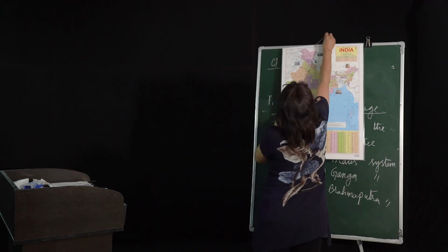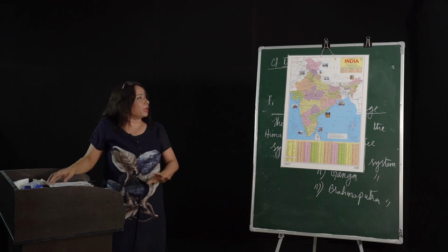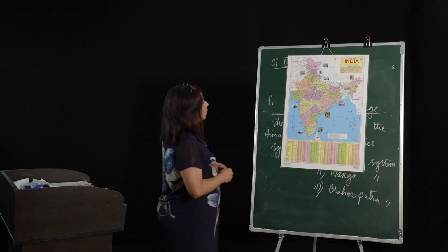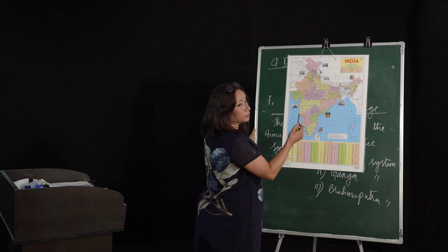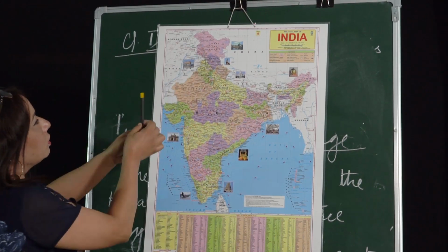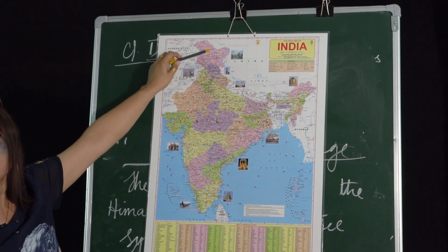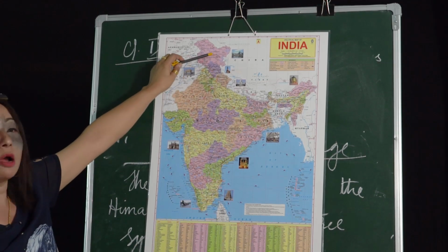But still, this is a political map, just to give you a rough idea. We are talking about the Himalayan mountains that start from here. That is why I am saying the rivers flow from the lofty Himalayan mountains in the upper course.